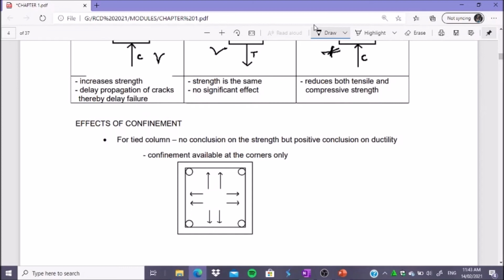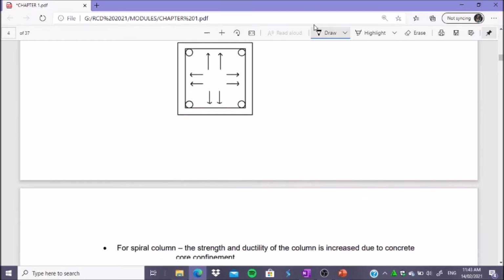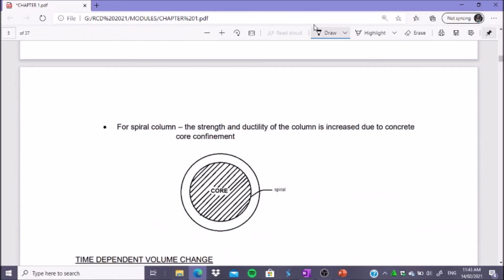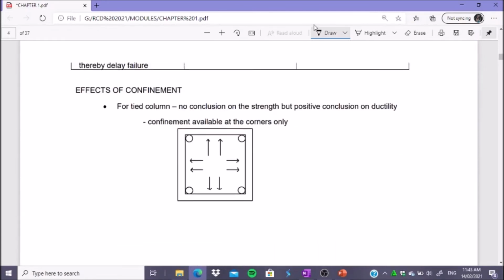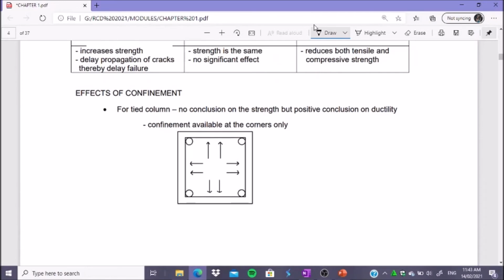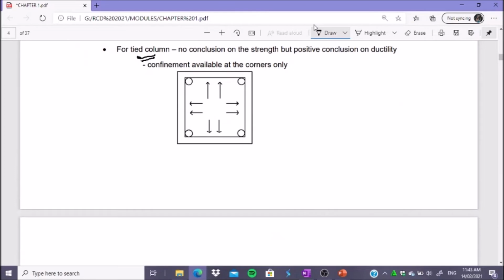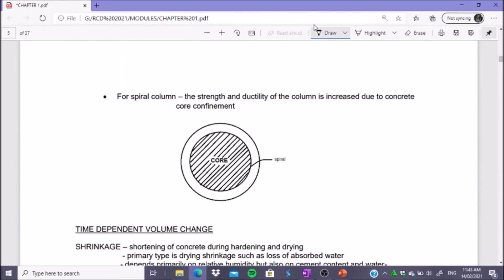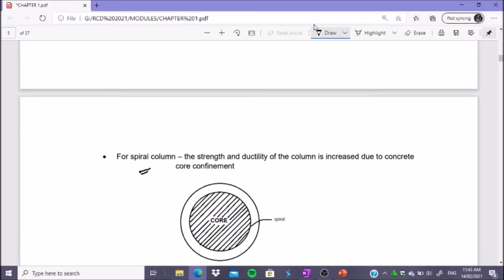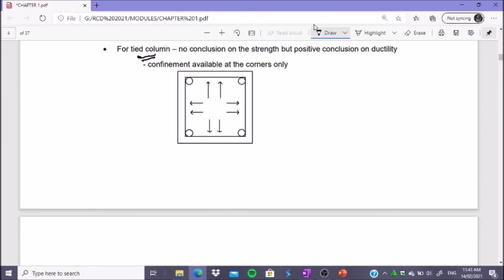Okay, so this effective confinement, dagdag ko na lang yan pag dating natin ng column. No? Sa column, kung ano ibig sabihin ng confinement, hindi niyo pa maintindihan ngayon. Okay. So, basta ang importante dyan, alam niyo yung dalawang type ng column. Tinatawag na tied column at saka spiral column. Okay. So, pag tied column, rectangular or square siya.